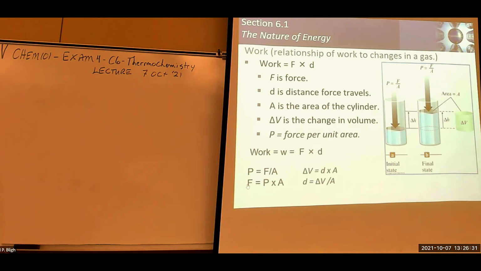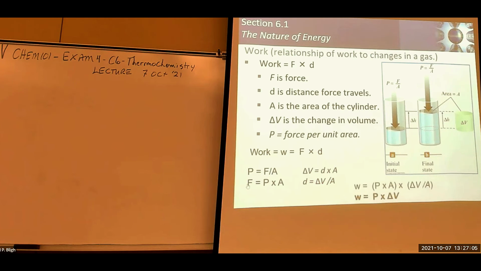Now what about D? Well, we're actually changing volume. So a change in volume, in this case, is a change in distance, that height, times the area. The area is not changing in this cylinder. It's just moving a distance. So now we have the change in volume is the height or the distance it moved times the area. And if we solve for D, then we get change in volume divided by A. We plug that in here.